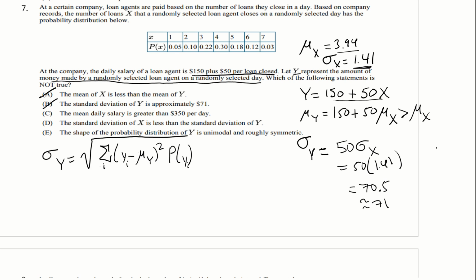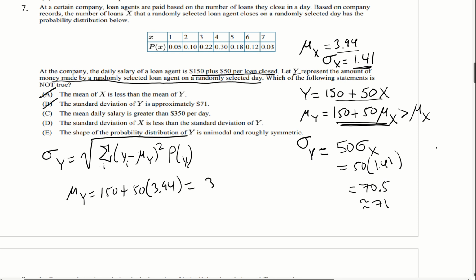We can calculate this using the formula: mu y is 150 plus 50 times mu x, which is 3.94. If I do that, I get $347, which is less than $350. So it's not C, so the answer has to be C.